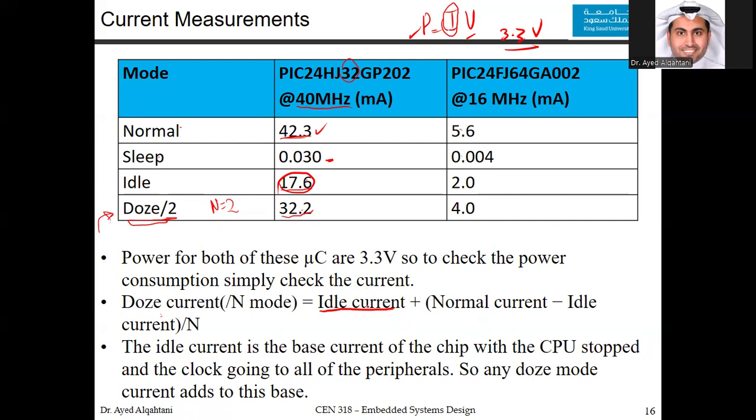And then you take the normal current and you take out the idle current from it, and that part you divide by n. Notice that the idle current should not be divided by n, because it's idle, it's always there. So you take the normal current, you take out the idle current from it, and you divide it by n. And whatever is left over, you add the idle current to it to get the total doze current.